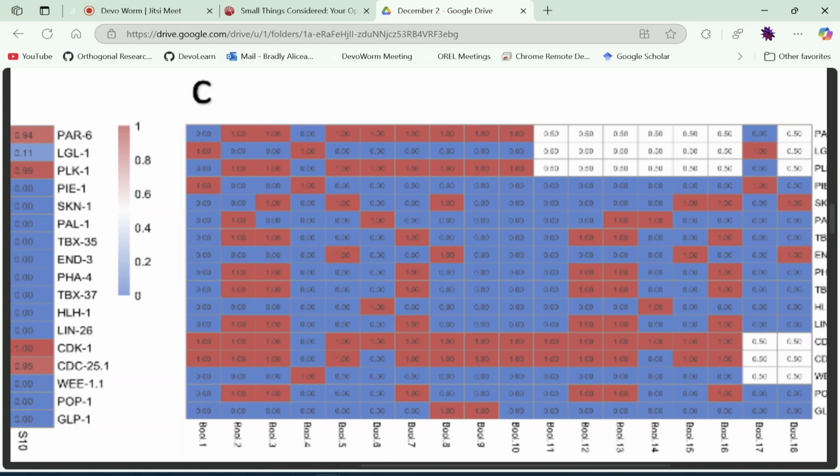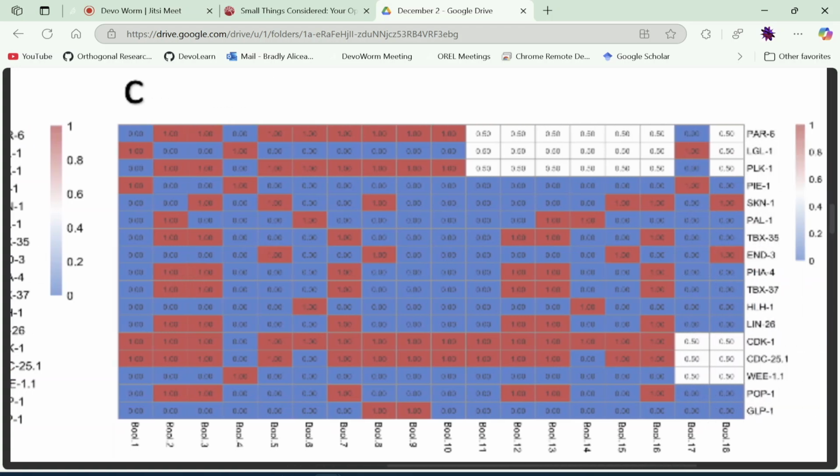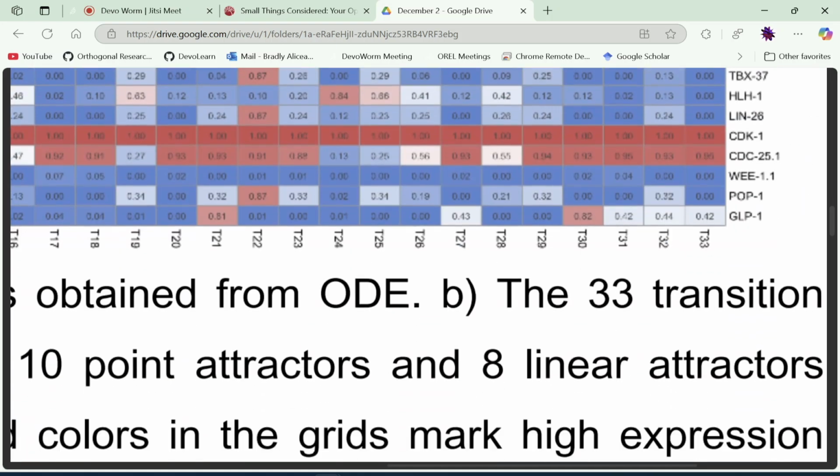And then we have this other one where we have these Boolean solutions with the same thing. So you have par6, you have these same genes here, and they go from 0 to 1, and then some of them aren't color-coded for some reason. Well, I think they're at 0.5, so they're white. That's how this works. And so you see a lot of these Boolean states where you have a similar distribution of things going on.